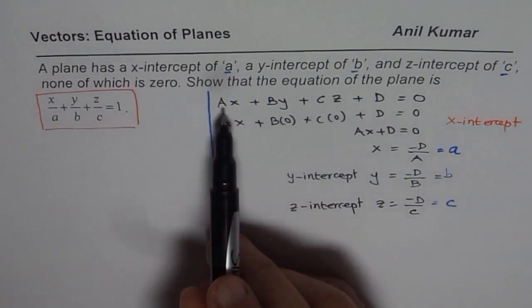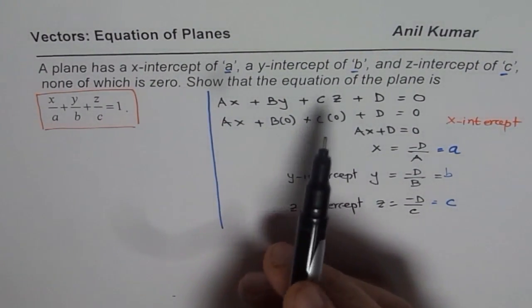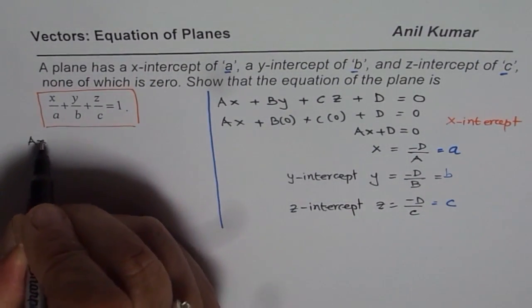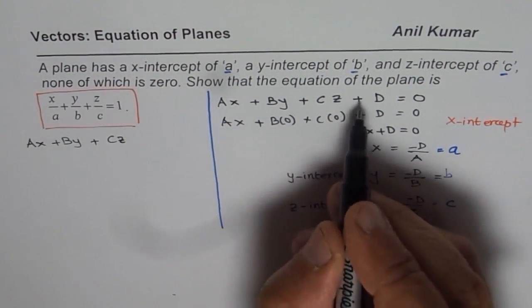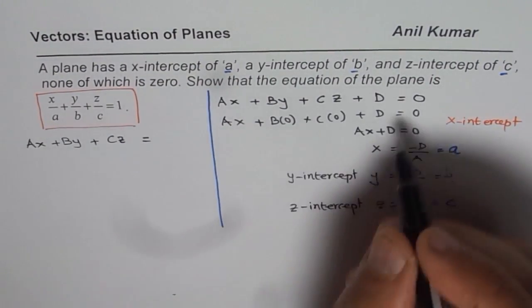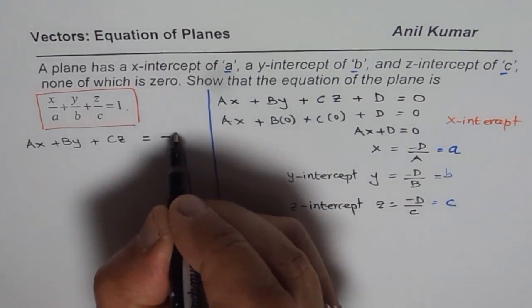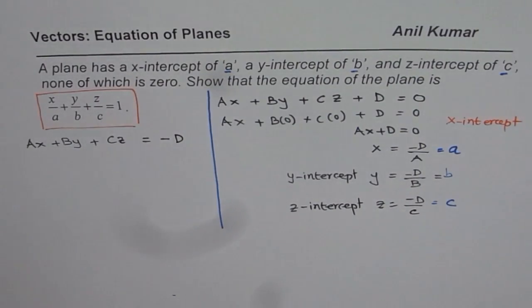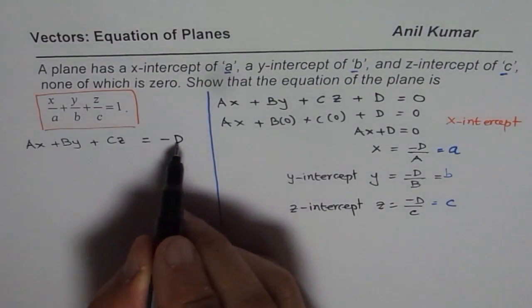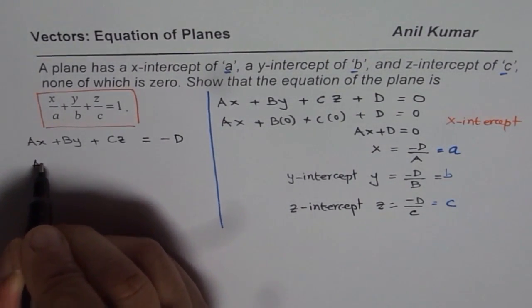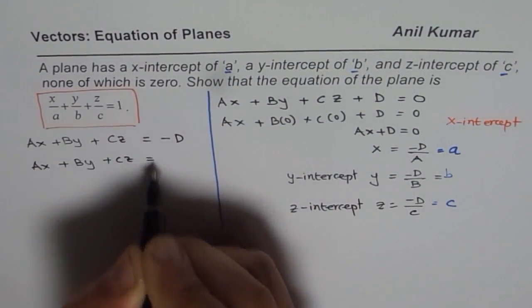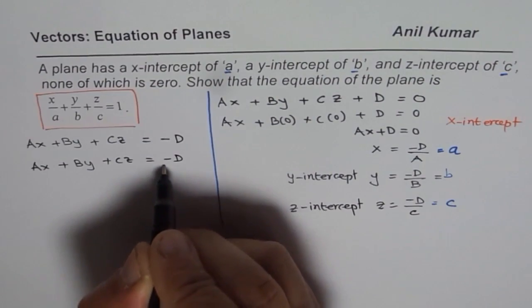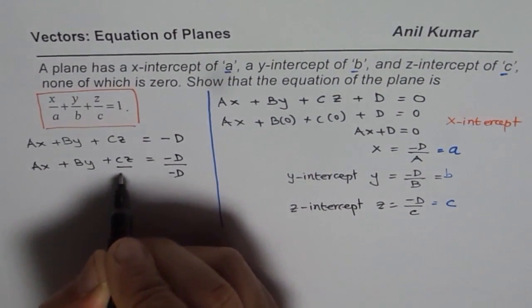So we'll again begin with the same Cartesian or scalar equation, which is ax plus by plus cz plus d equals 0. I am taking d to the right side, so it becomes minus d. Is it okay? Right? So minus d. Now I can divide by minus d, right? So if I divide all the terms by minus d, what do I get? I am dividing every term by minus d.